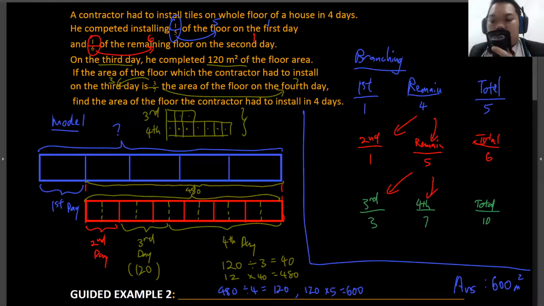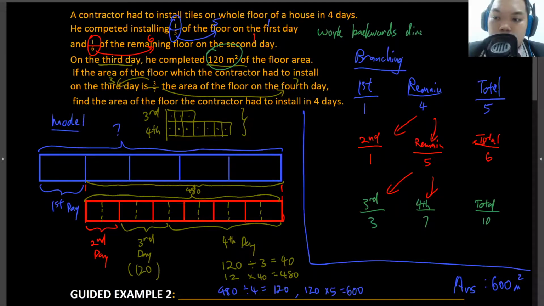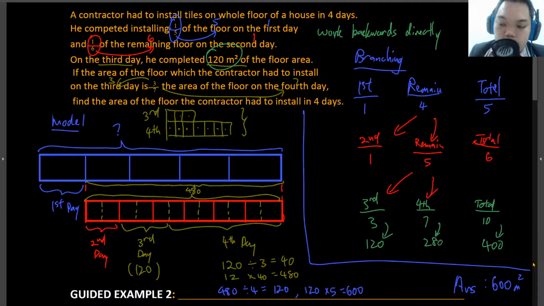So what we can do next is to work backwards directly. If this green tree over here represents 120 meters squared, then we can divide it by 3 to give us 40. Then we can say that this will be 400. When this is 400, we can work backwards directly and plug it into the rate 5.